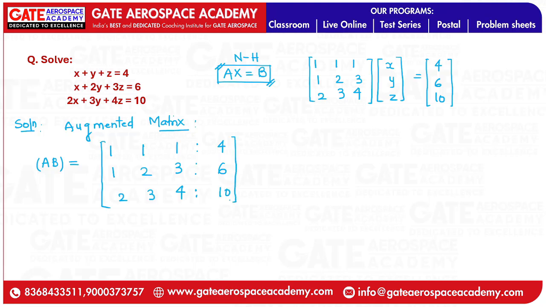Now we are trying to apply elementary operations. But when this kind of problem comes, first observe the data. It will give you a hint to simplify the steps. See here: 1, 1, 1 is there, here 4; 1, 2, 3, here 6; 2, 3, 4, here 10.